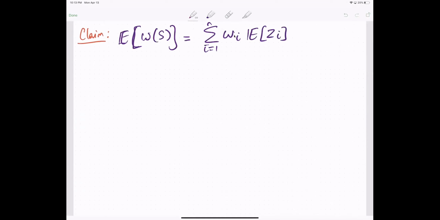It should survive phase 2 and land in set S, as I said. And this is nothing but wi times the probability of zi equal to 1. This follows simply by linearity of expectation.